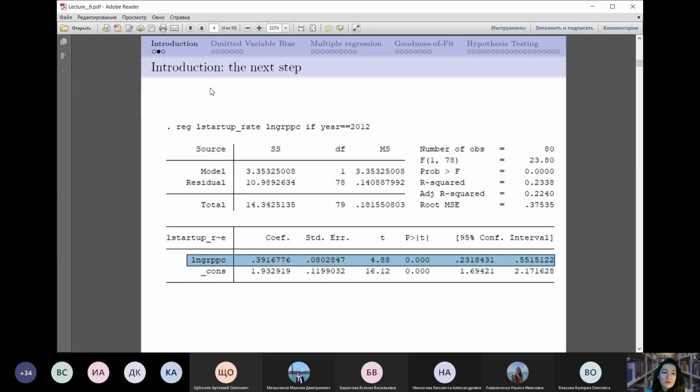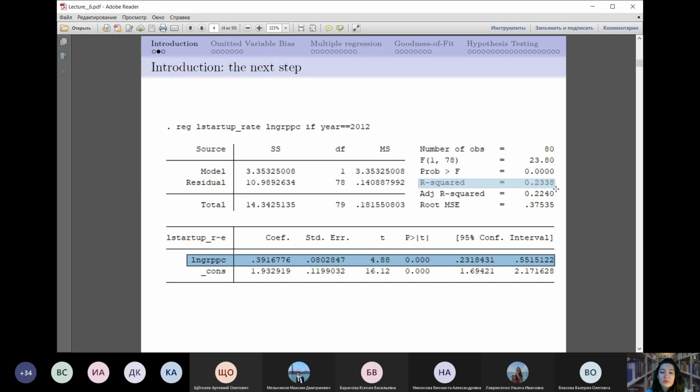So the question here is: is it true that regional GDP per capita is the only determinant of startup activity? This is a rhetorical question, yeah? You can even check the R squared.